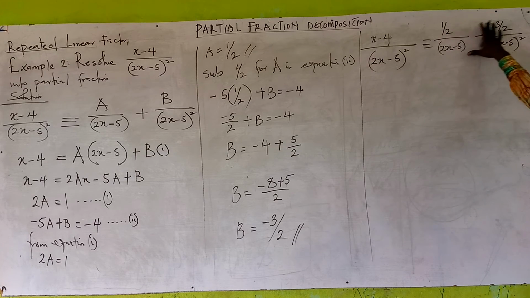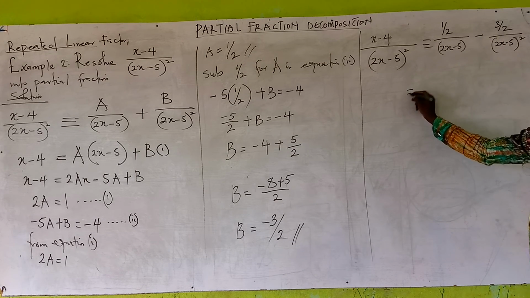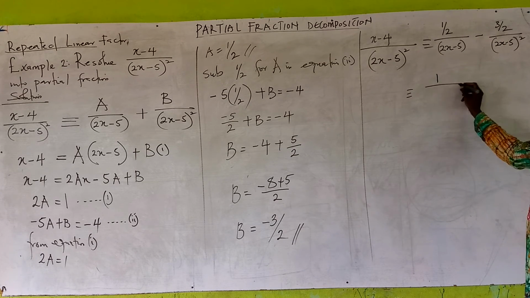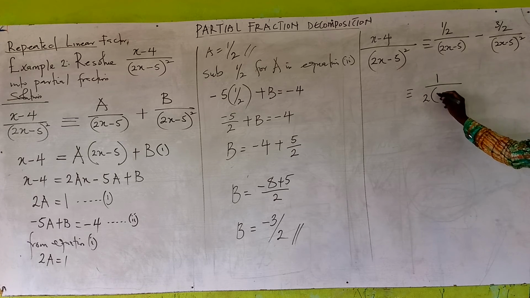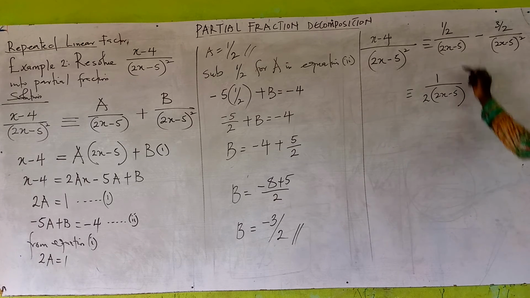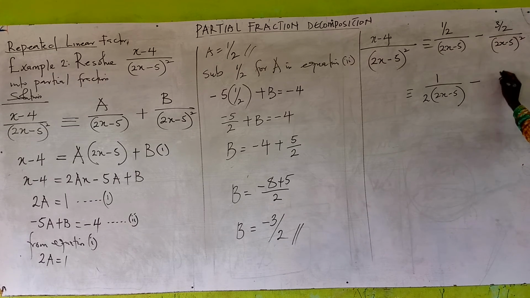Now, this answer here, we can write it in this form: 1 divided by 2 into bracket 2x minus 5, and these 2 will be on the negative side, minus 3 divided by 2 into bracket 2x minus 5 raised to the power 2. It's still the same thing as what we had here.